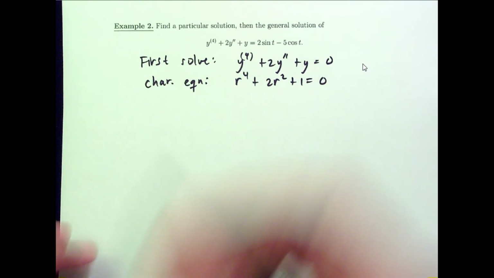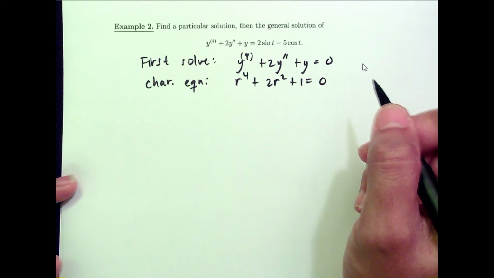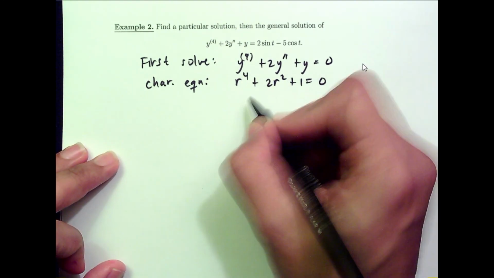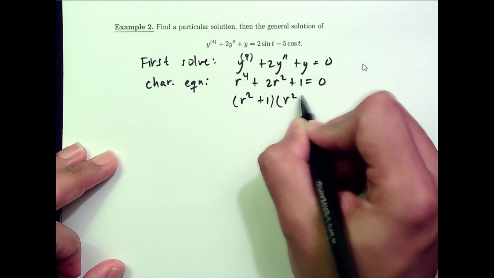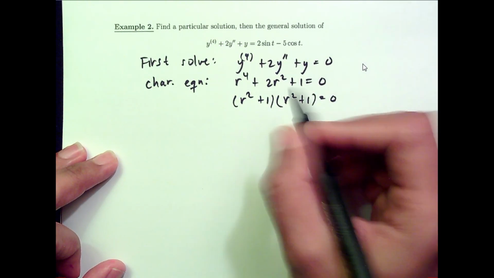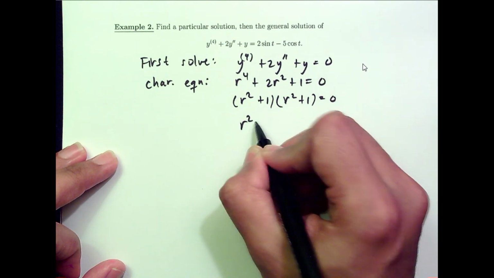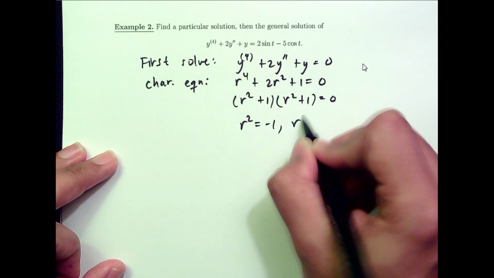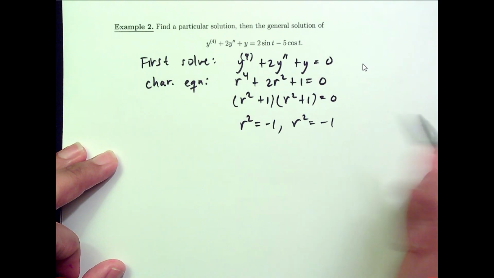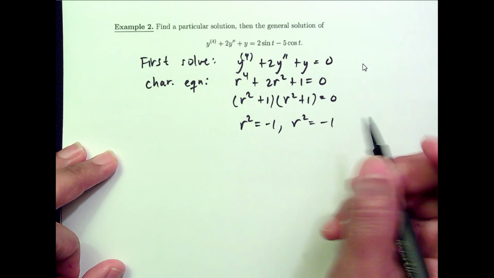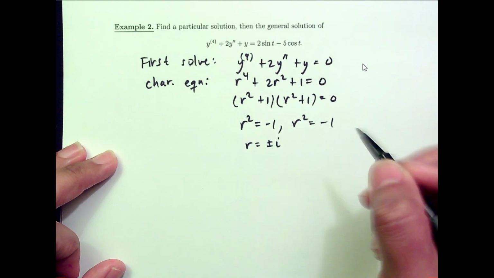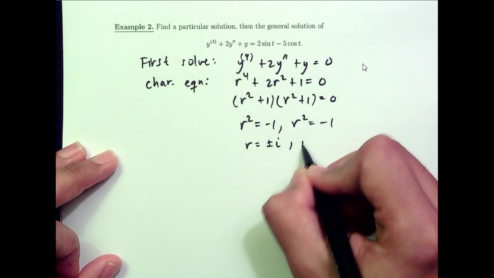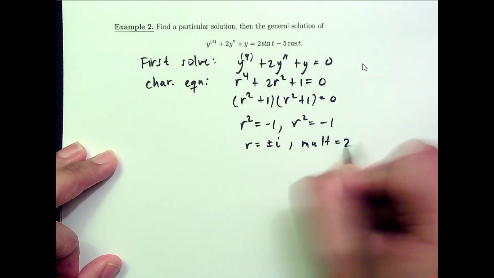So you can factor it like a quadratic. If you factor it, this is r squared plus 1, squared, equals 0. So that means r squared equals -1, and it is repeated, so multiplicity 2. So that means r is plus or minus i. Square root of -1 is i, and this is multiplicity 2.